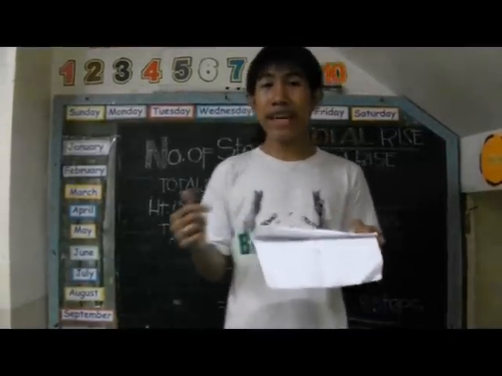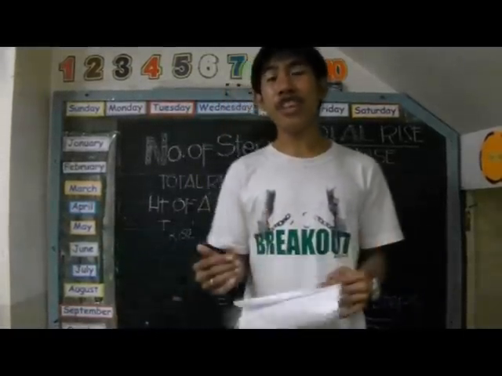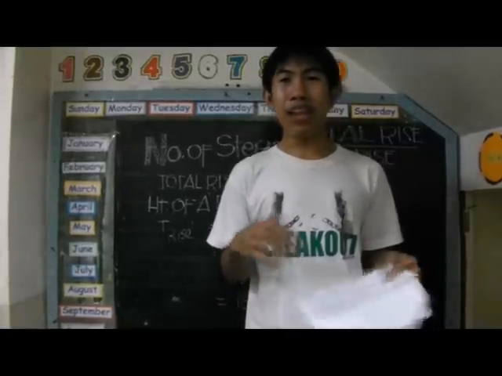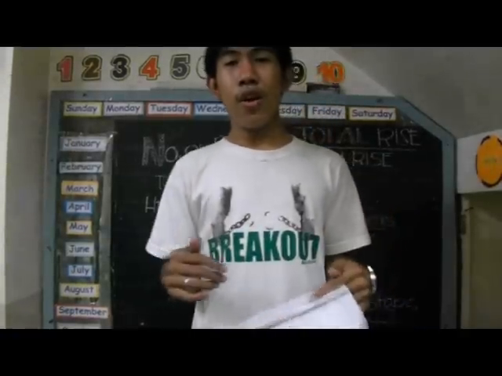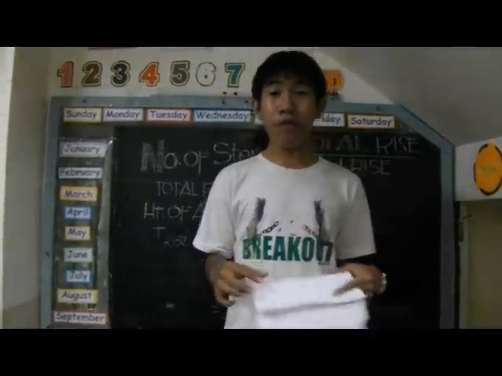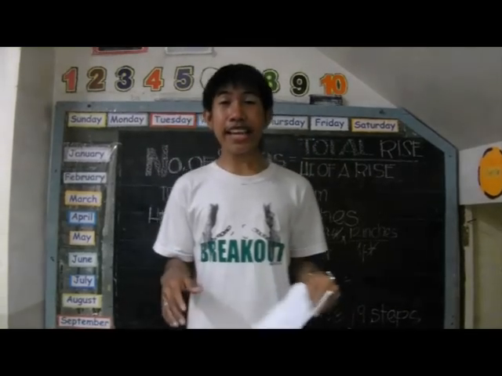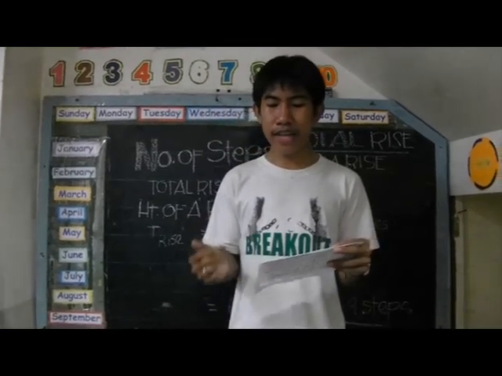First, the easy way to calculate the rise and run is using the stairs stringer calculator. The second one is by manipulating the formula: number of steps is equal to total rise over the height of each rise. And now, I will teach you the second way of getting the total rise.